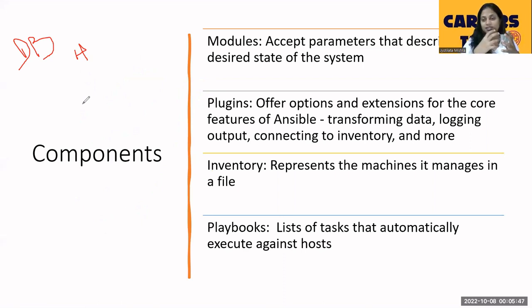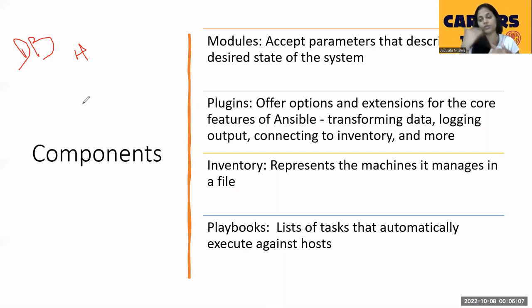How does it get the current state? Using gathering facts, there's this option which gathers those facts of the host machines, and then you compare. If there is a delta, then that command would be run. If there's no delta, there won't be any changes done.